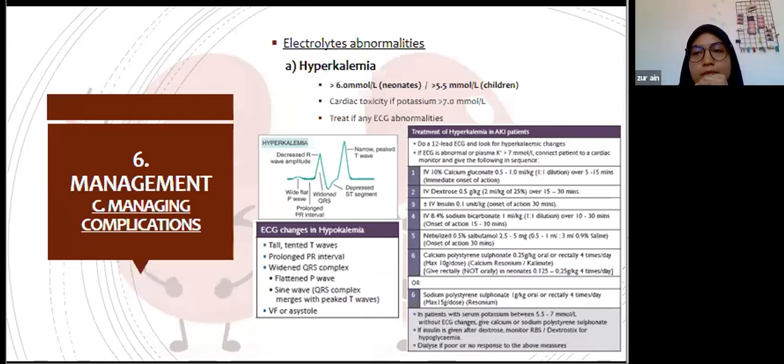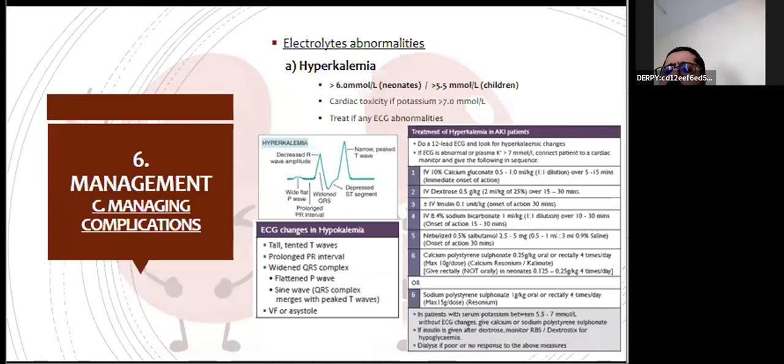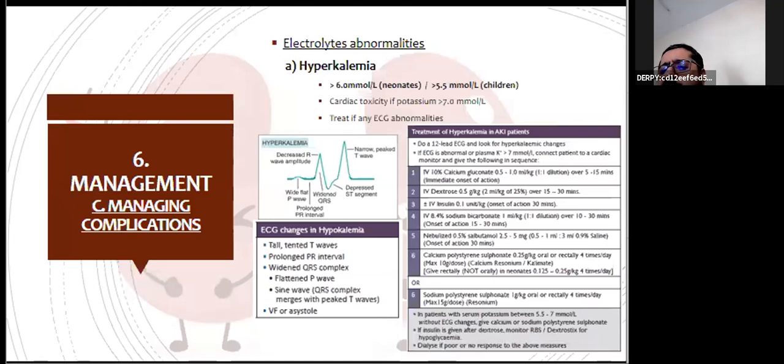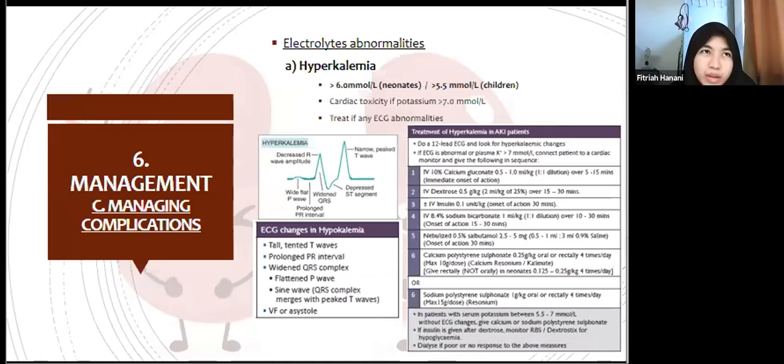Okay. How do insulin and glucose work? Open question. Which one lowers the potassium, glucose or insulin? Insulin. Yes. How does insulin lower potassium? Insulin will make the potassium go into the cell.